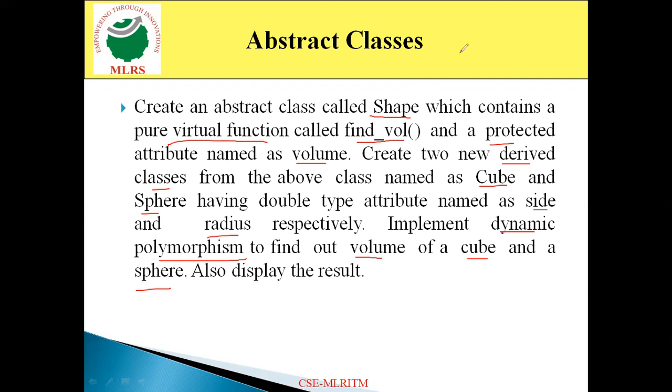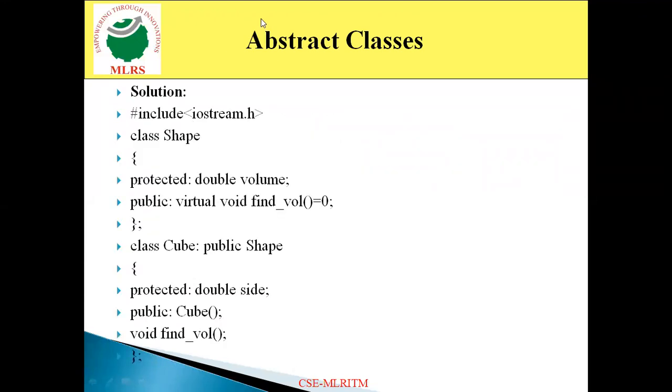Let us see how this works by means of an abstract class and virtual function. First, I am defining a class named shape, and in this class I declare value under the protected section with the double data type.